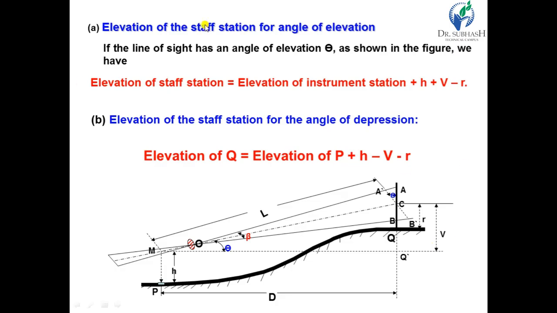In both cases, the formulas are the same, but only the calculation of elevation of staff station is different. For the angle of elevation, elevation of Q is equal to elevation of instrument station plus H plus V minus R, and for the angle of depression, elevation of Q is equal to elevation of P plus H minus V minus R.